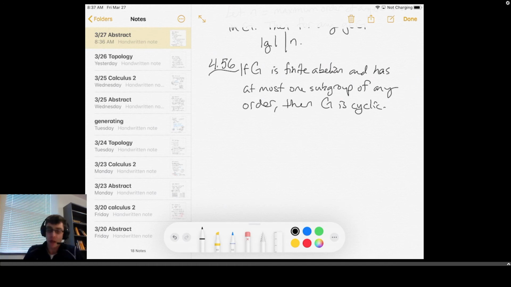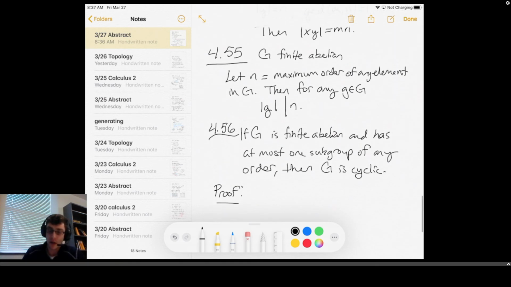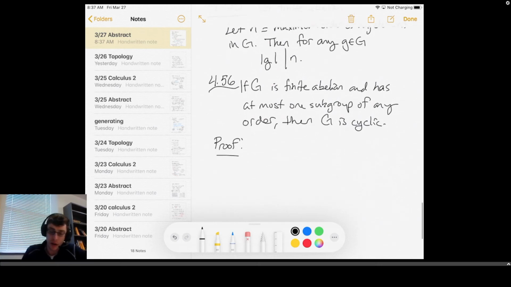Okay, so let's prove it. So 455 is going to be a useful tool, right? I gave you a hint in the book, so the starting point is going to be to use this hint. So let n be the maximal order, like it's after this 455 for a reason.